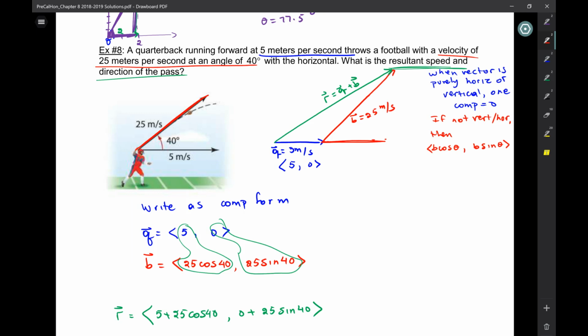Now the green one is blue plus red. So now I have blue and I have red. To add, I add like matrices. The first components add together. The second components add together. This is where calculators come in.